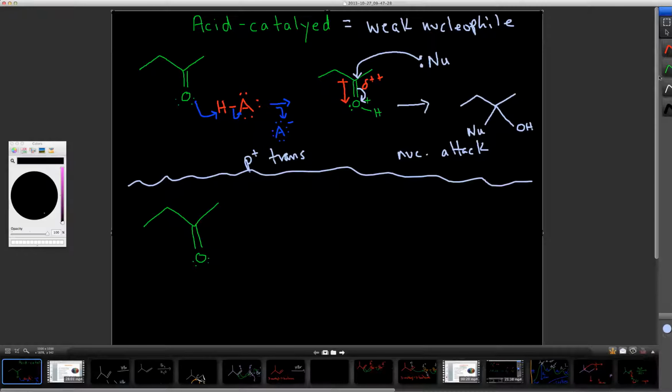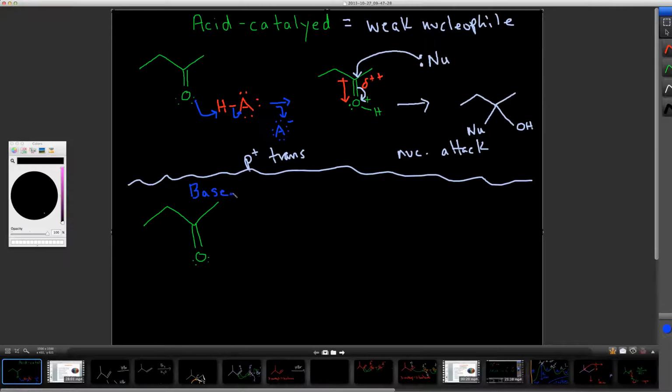Again, we could also have a strong nucleophile. And this is called the base-catalyzed mechanism. Now the name is a bit of a misnomer because there really isn't a base that's present.